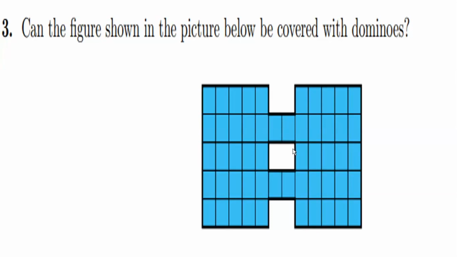It's both 1 into 2 and 2 into 1 dominoes. No, a domino is 1 into 2, as far as I remember. No, a 1 into 1 is generally called a unit square.